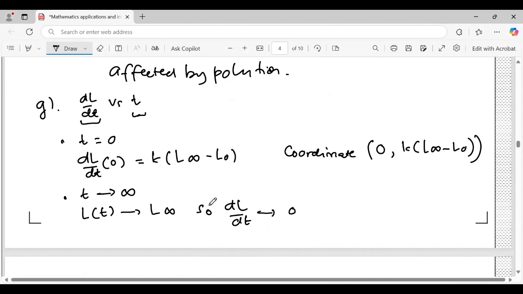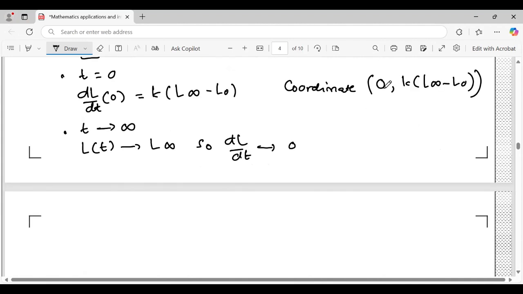So the graph approaches zero for dL/dt, from the positive side going to zero. Based on this information, there is a horizontal asymptote, and it occurs at y equals zero. So dL/dt starts positive and then decreases toward zero.